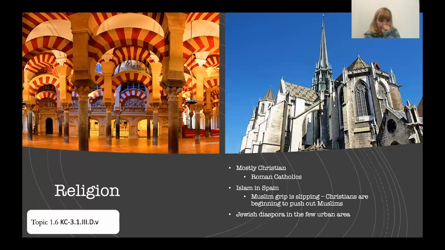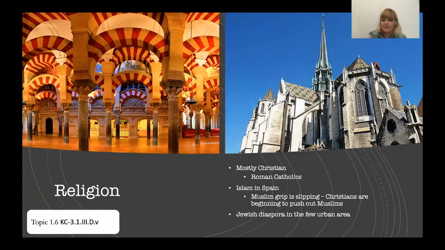Okay, and so by the end of period 1, even though Spain for a long time was a majority Muslim, the Muslim grip is starting to slip a little bit. So Christians are going to slowly begin to push the Muslims out of Spain. But Muslims are going to have a very strong influence in Spain.